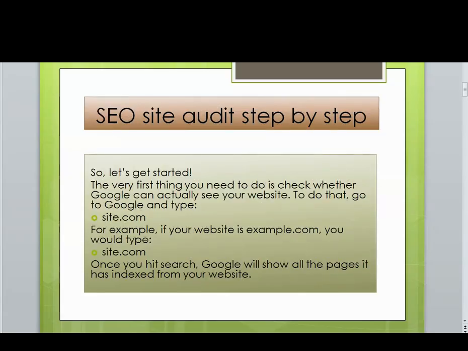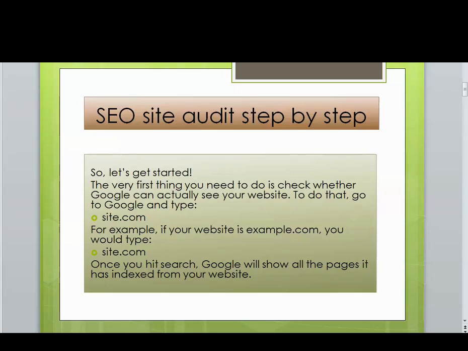So, let's get started. The very first thing you need to do is check whether Google can actually see your website. To do that, go to Google and type site:yourdomain.com. For example, if your website is example.com, you would type site:example.com.